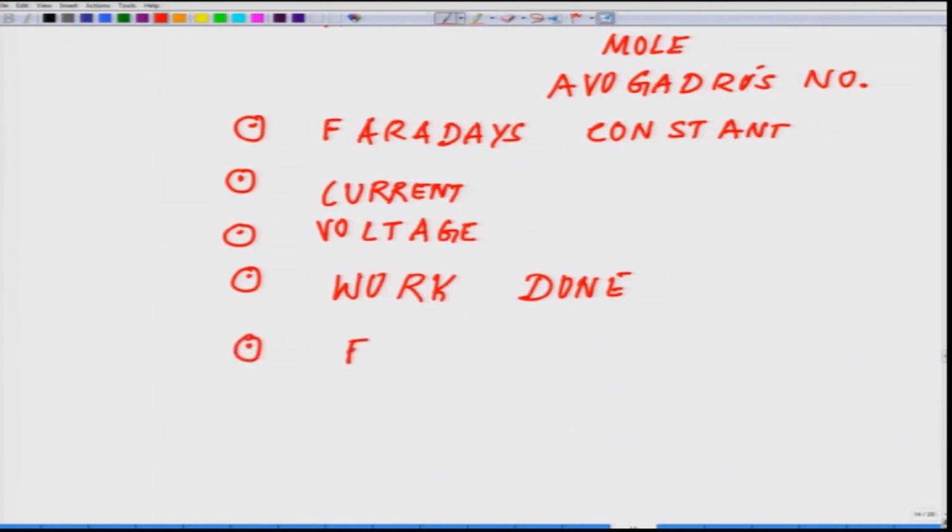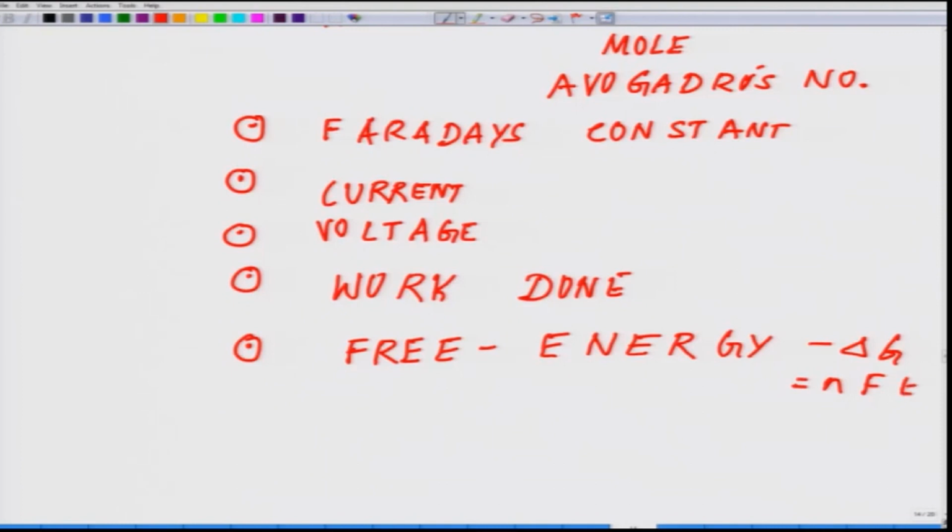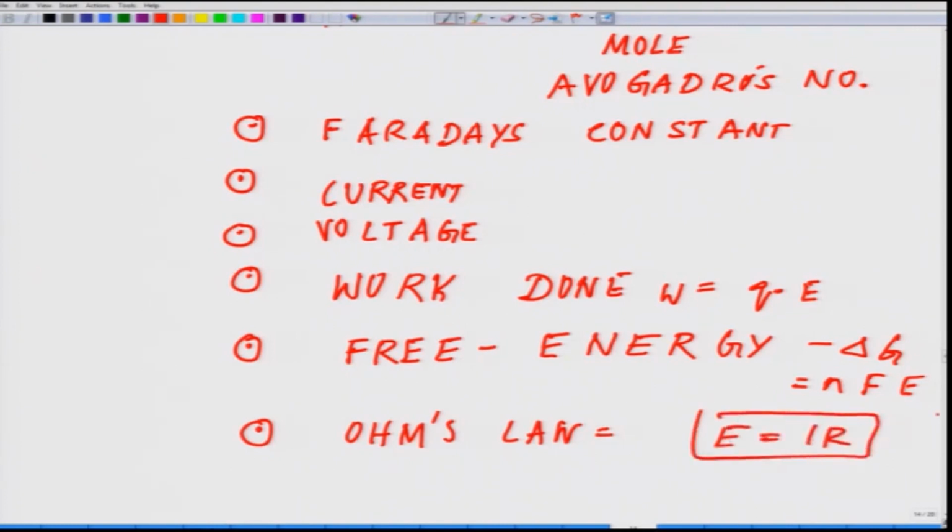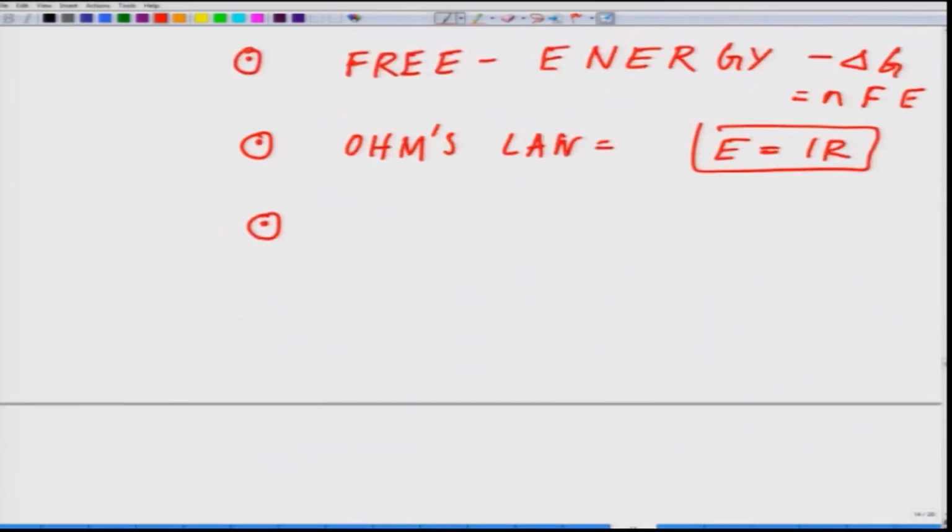Then we talked about the free energy change, which is represented by delta G, equal to minus NFE, and we talked about work done as W is equal to Q multiplied by E. And then just now we talked about Ohm's law, which is E is equal to IR, where E is the voltage. And now we will talk about another relation, which is power.